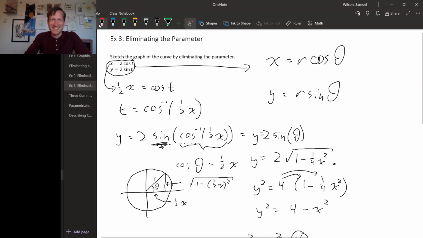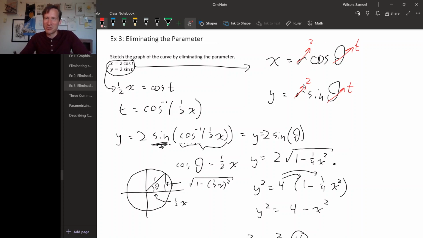It's just, instead of theta, we have t, and instead of r, we have an actual number for our radius, which is 2, the radius of the circle that we ended up getting. So for this particular parametric curve, there was a shortcut that we could have used rather than eliminating the parameter.